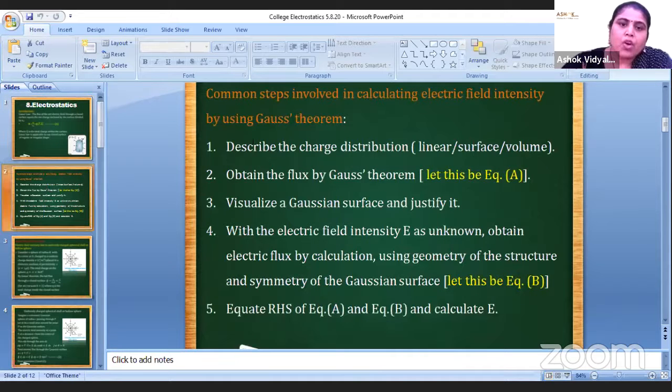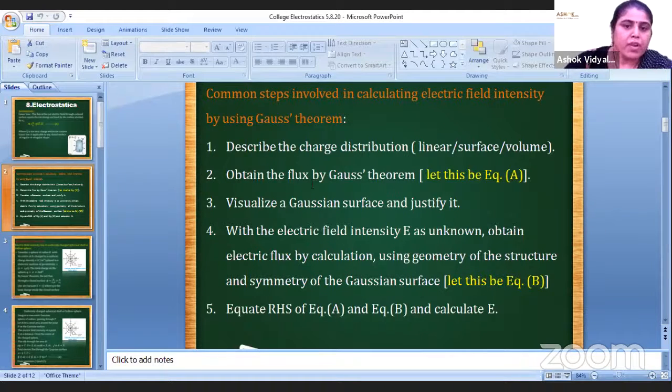Now see, the common steps involved in calculating electric field intensity by using Gauss theorem. First, describe the charge distribution, linear, surface or volume. That means according to the given shape or surface, you have to describe the charge distribution.